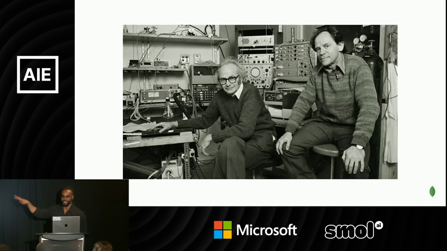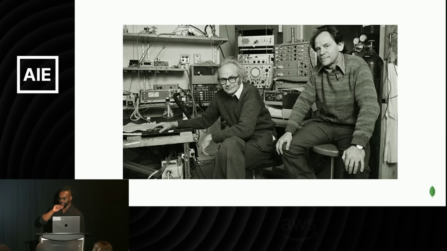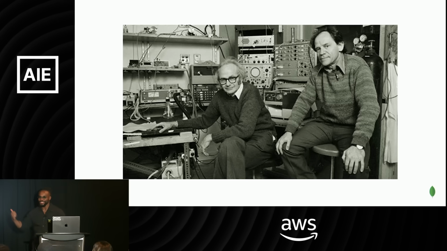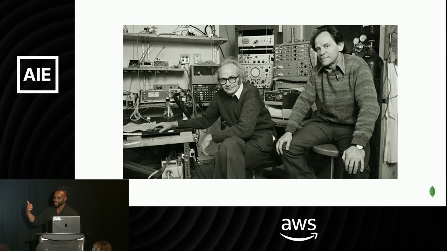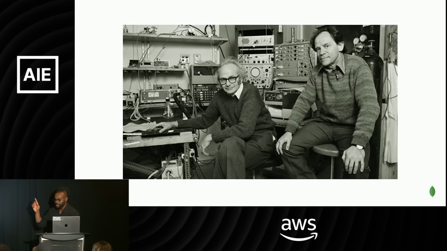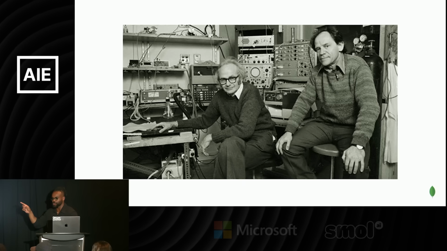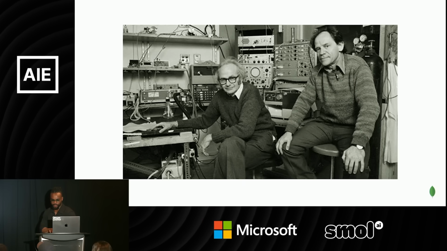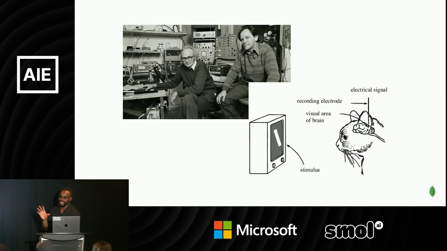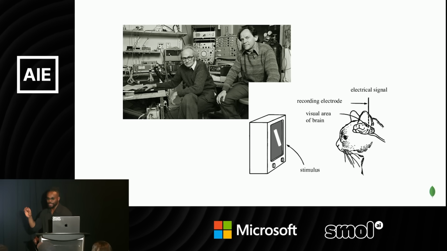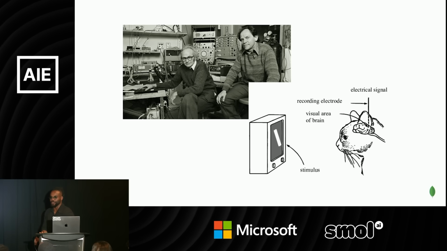I want to end with this. You know who these two guys are? Damn. Okay, this is Hubel and Wiesel. They won a Nobel Prize in the early 80s, but they did some research on the visual cortex of cats. This probably wouldn't fly now, but back in the 50s and 60s, things were a bit more relaxed.